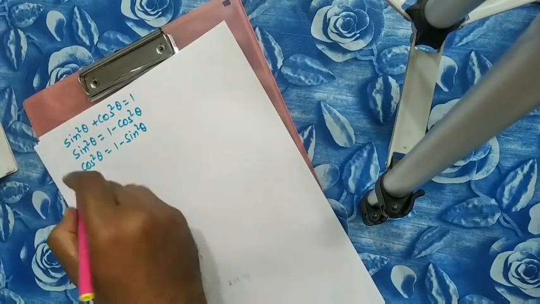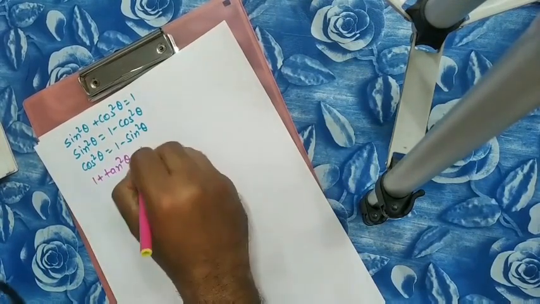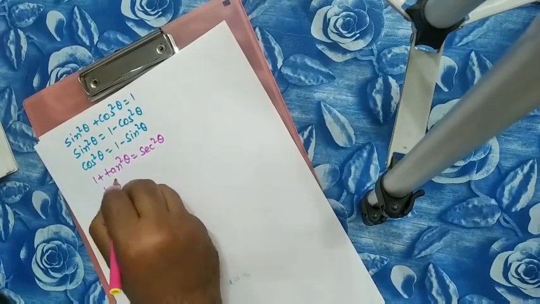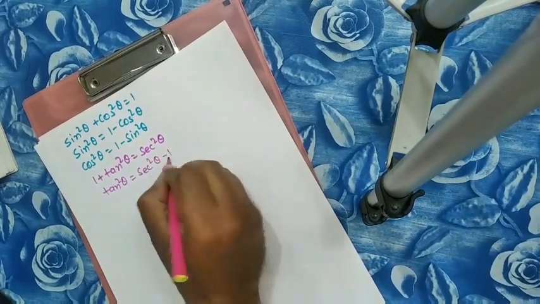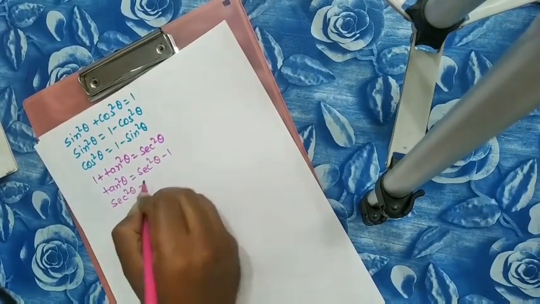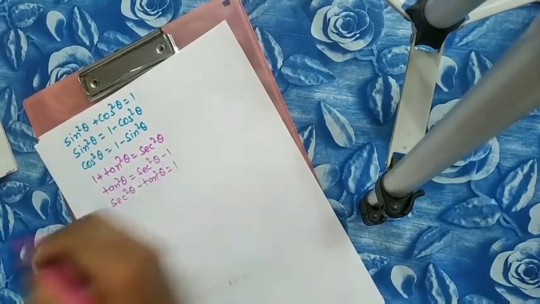We had also studied 1 plus tan square theta is equal to sec square theta, or tan square theta is equal to sec square theta minus 1, or sec square theta minus tan square theta is equal to 1.